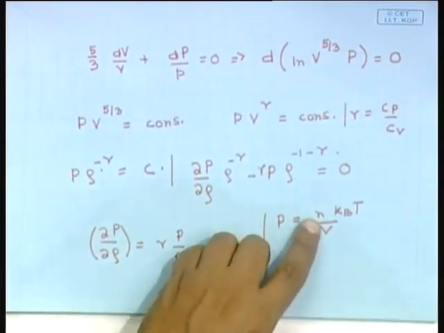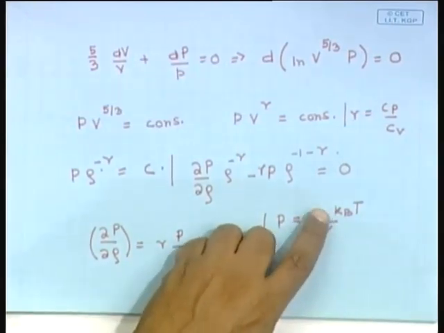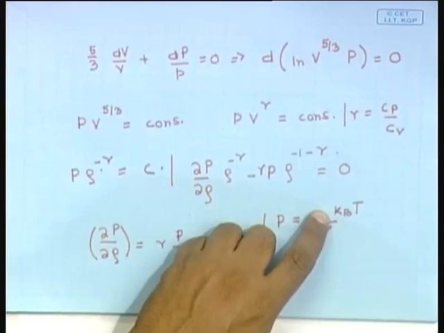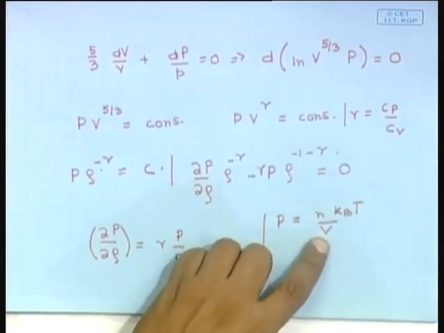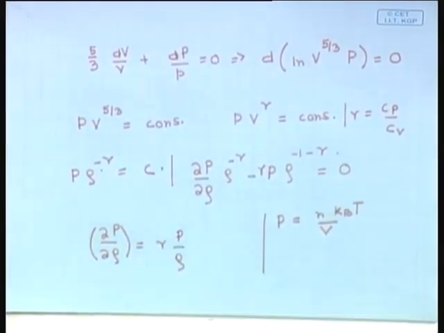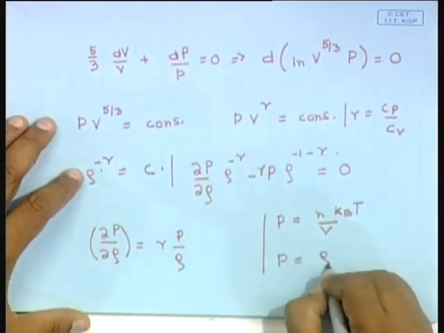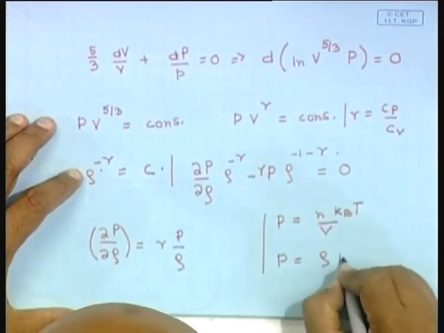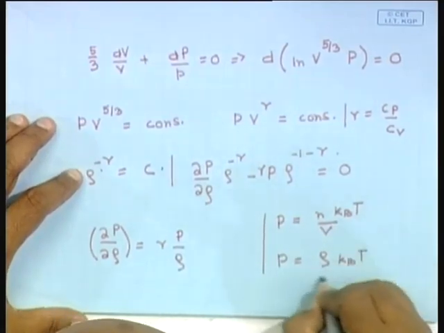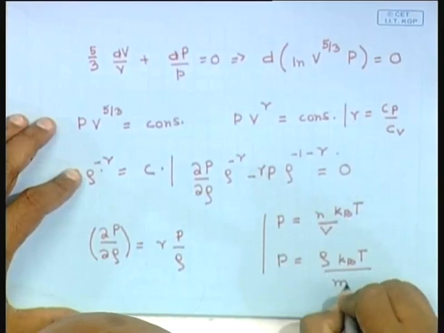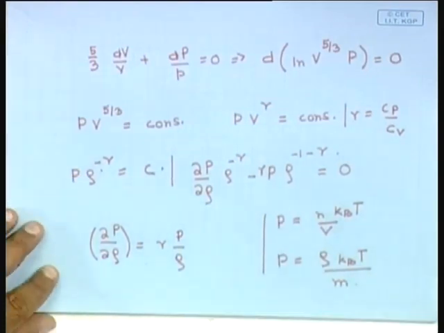N is the number of atoms, so N times the mass of each atom divided by the volume is the density. So this will become P is equal to ρ k_B T divided by the mass of each atom.